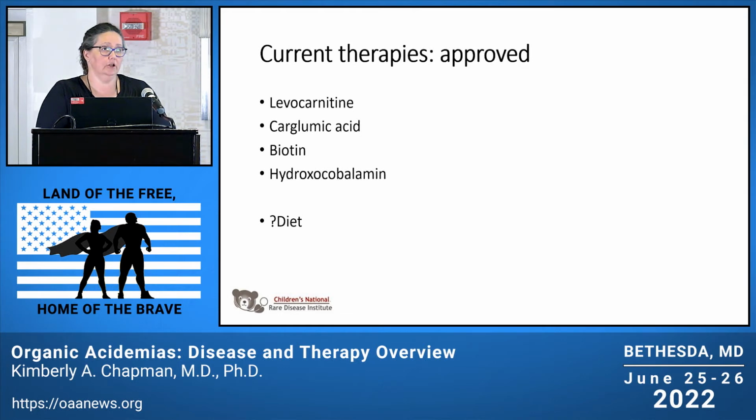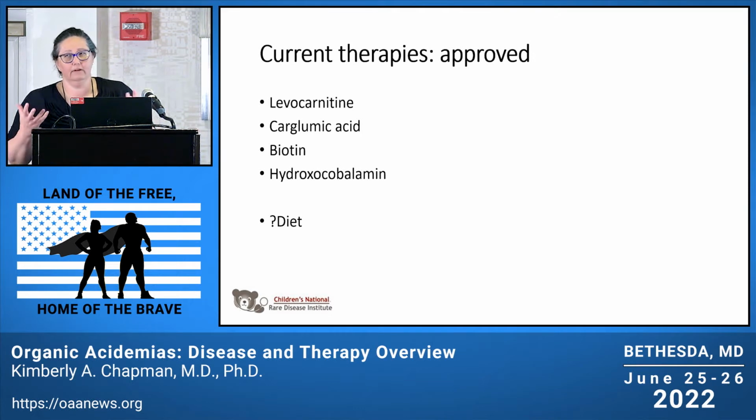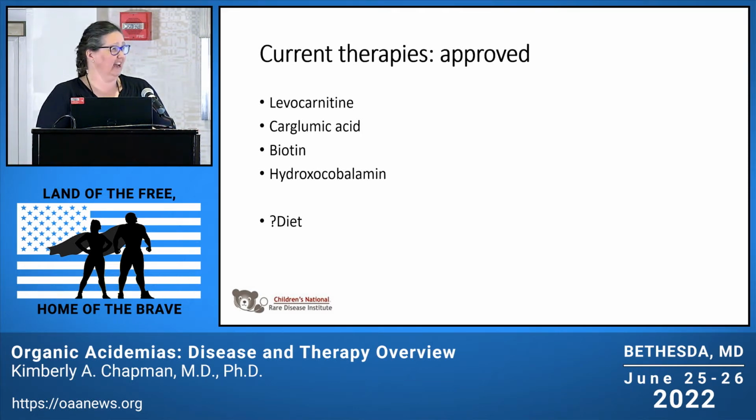So it is a nitrogen scavenger that's specifically approved for acute management for PA and MMA hyperammonemia. Some people will use it as a long-term thing, but it is actually approved. And then I put diet as a question mark because it's not really an FDA-regulated drug, but your diet is your medication here. So I would argue that it is.